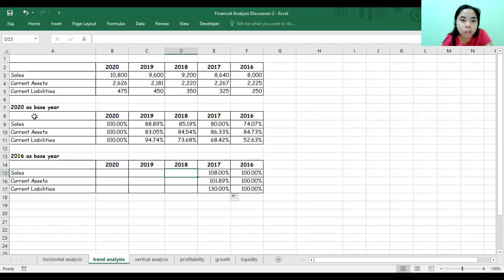Unlike if we use 2020 as our base year, where we go backward. Here, this is much easier to analyze. Now we will see how much our increase is. I think this is much easier for me.